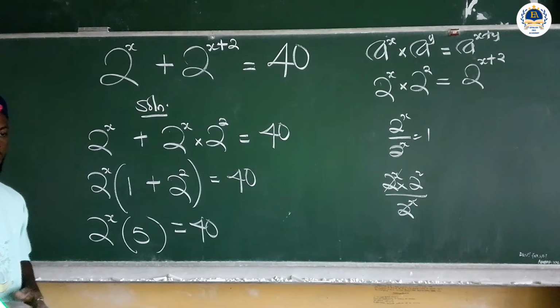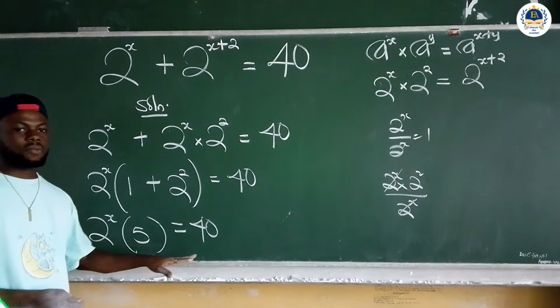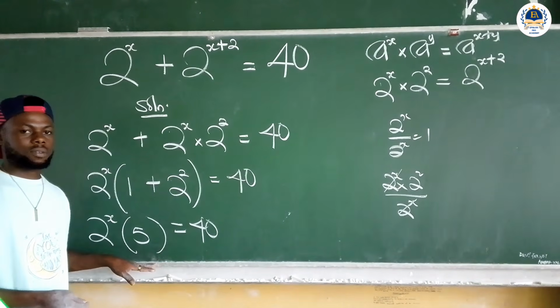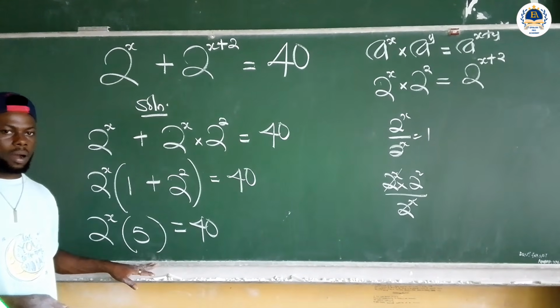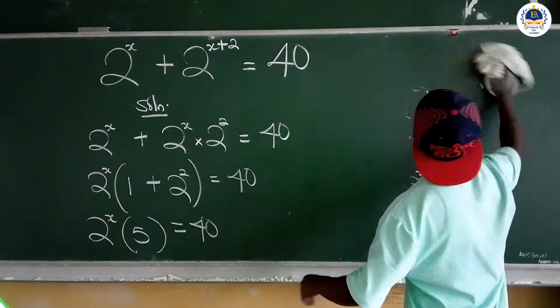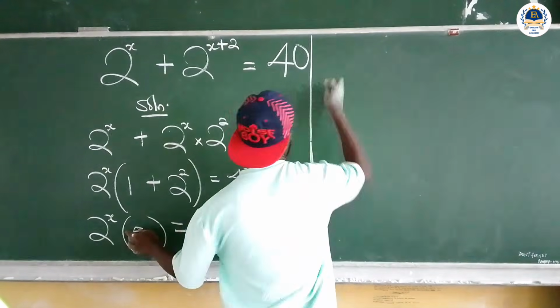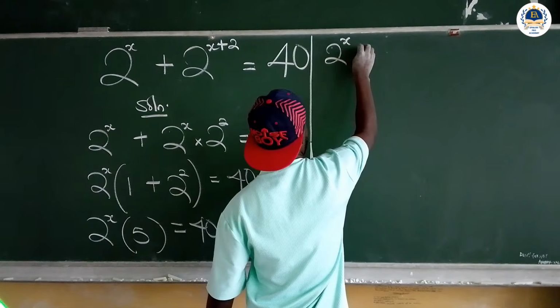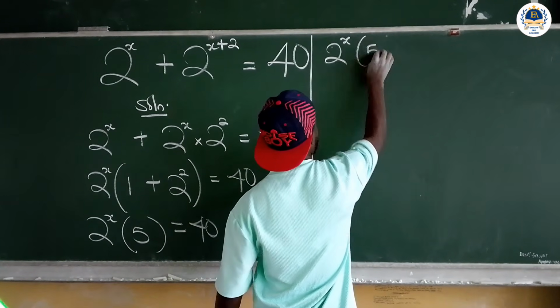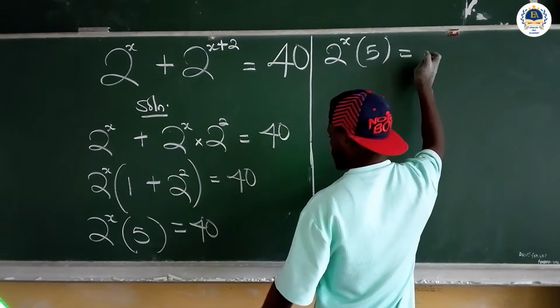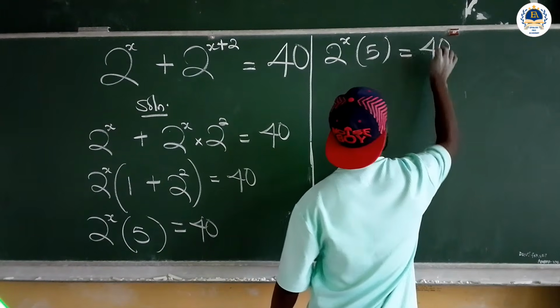To do that, we have to divide both the left and the right hand side of the equation by 5. From what we have here, 2 raised power of x in bracket 5 is equal to 40.